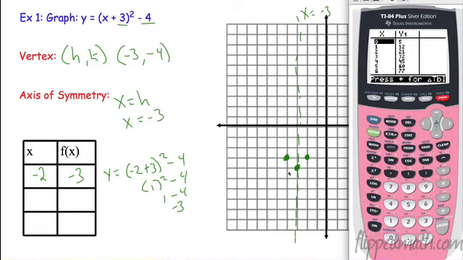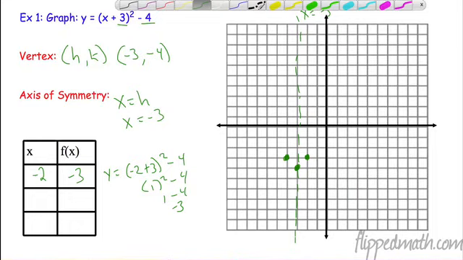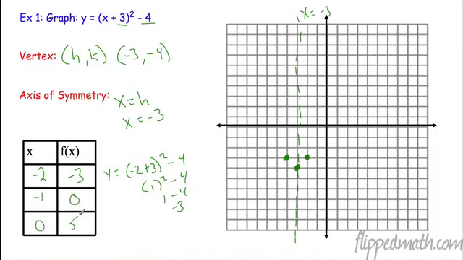All right, and let's see. We had negative 2. We should probably do negative 1. So I'm going to scroll up to negative 1, and my value is 0. And then we'll do one more. So I had negative 2, negative 1. Let's do 0. So then 0 would be 5. So I'm going to have 0 and 5 as my next 2. So negative 1 is 0, and 0 is 5.